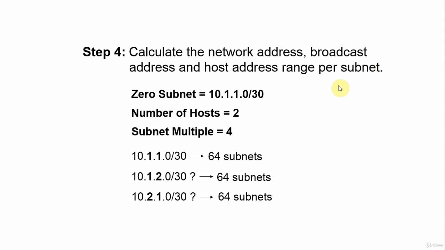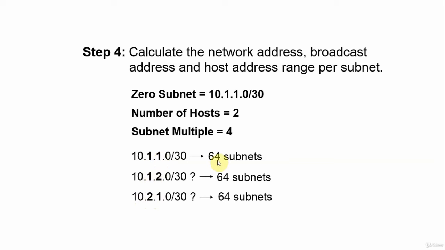And I'm going to calculate my network, broadcast and host addresses. The 0 subnet is going to be 10.1.1.0/30. That's my first subnet that I'm going to start with. There's 2 hosts only, and the multiple is 4 that I'm going to keep in mind to start creating the other subnets. In this case, I just like to show you how I can change these different numbers if I had wanted to.